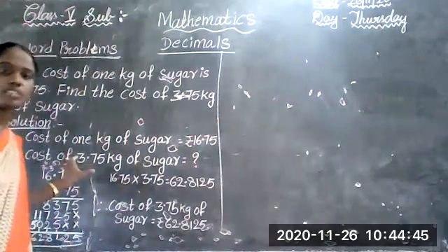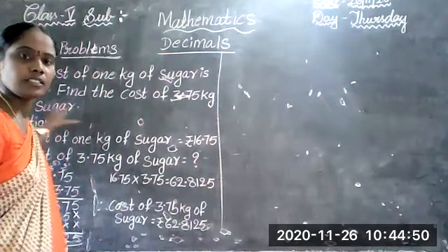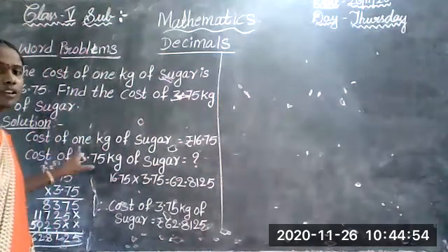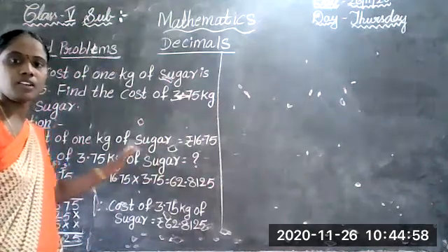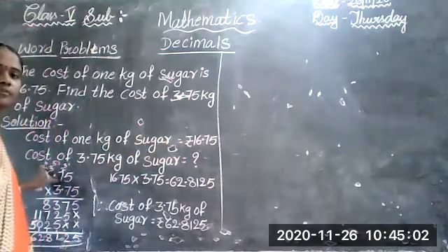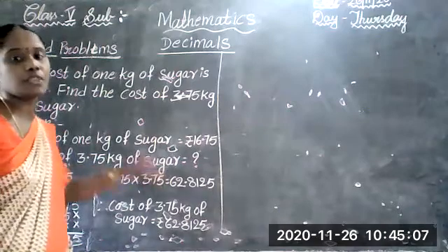Now, what are the steps? How can we write the steps? First, what is 16.75? Cost of 1 kg of sugar. 1 kg of sugar cost is 16.75. Next, we have to find out the cost of 3.75 kg of sugar.